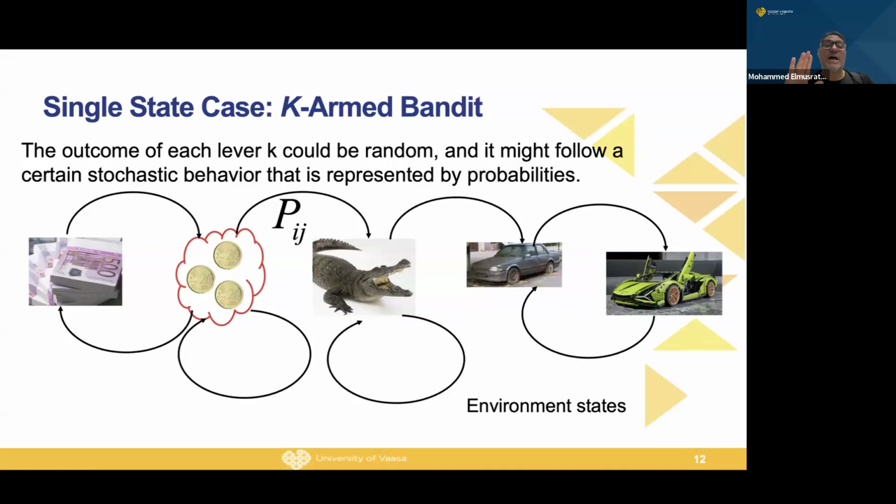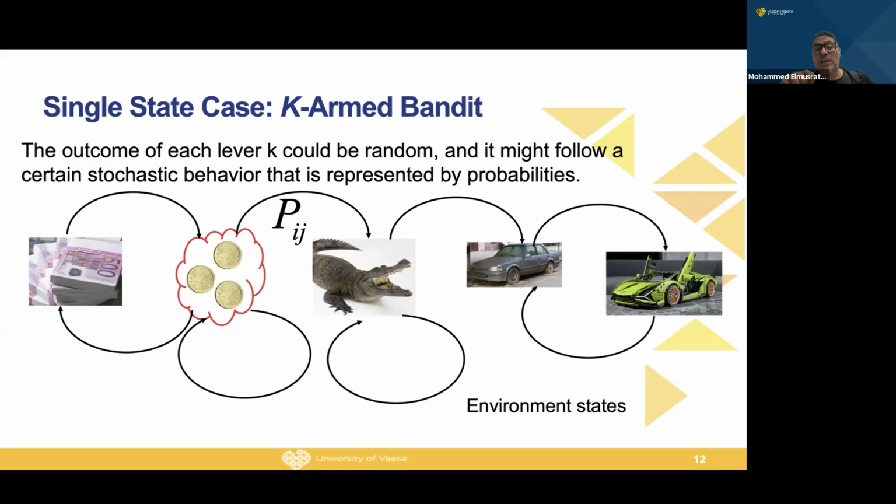But still, we have a single state. Even though here we have multiple states, the multiple states are based on what they can get. Instead of saying that by opening the first door you will get 1 million euro with probability 1, now we say that after opening the first door, you will get 1 million euro with a probability of, let's say, 0.1, but you will also get 2 euro with a probability of 0.3.